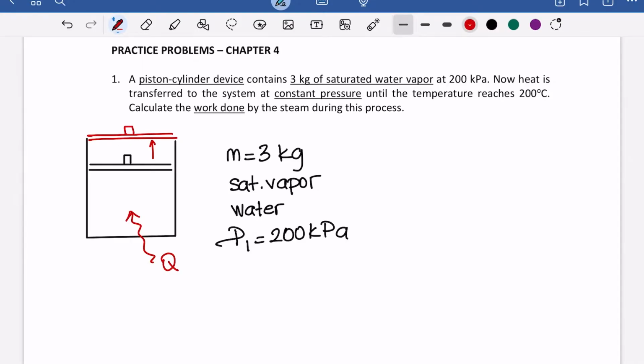Okay, so this is the boundary work. So they're asking for the boundary work done by our system, which is water steam.